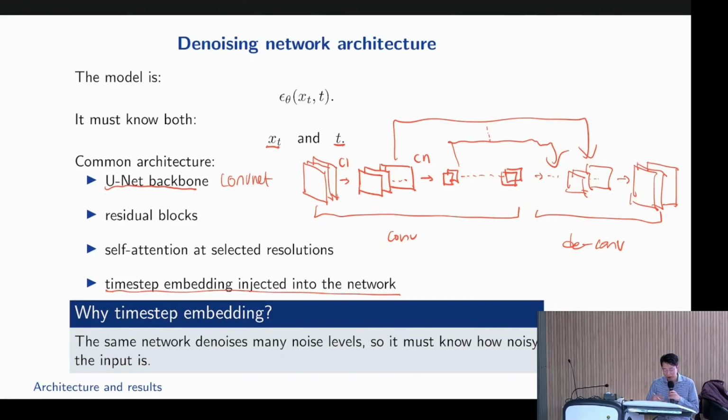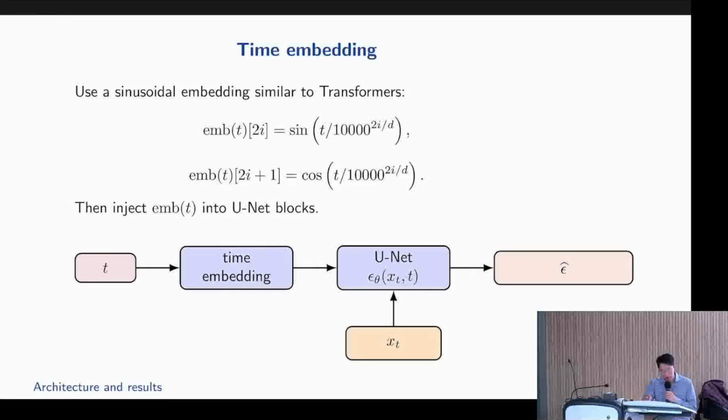So compared to the dimensions of the image, timestamp t is just single dimension. So how do you inject this information more naturally? And the typical choice is to use what's called time embedding. So this is similar to positional embeddings that we talked about in LLMs. Here you use time index to generate an embedding into your network.